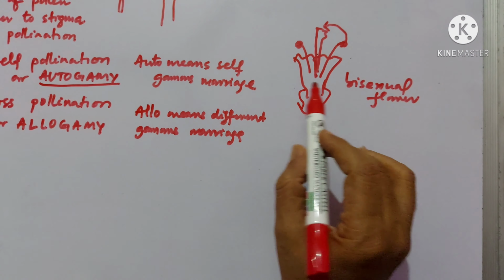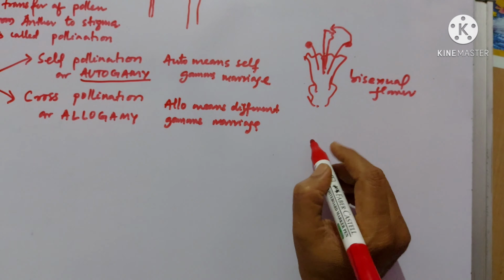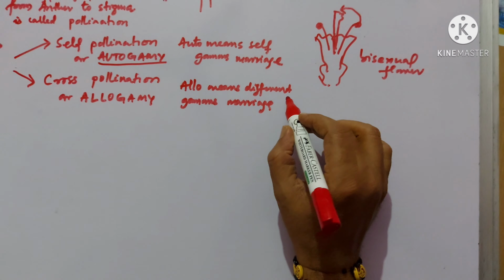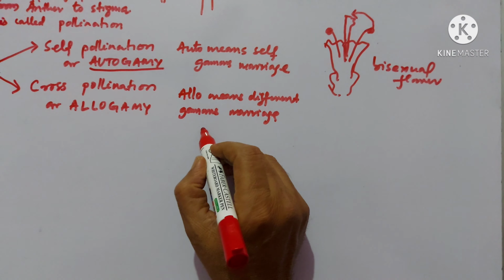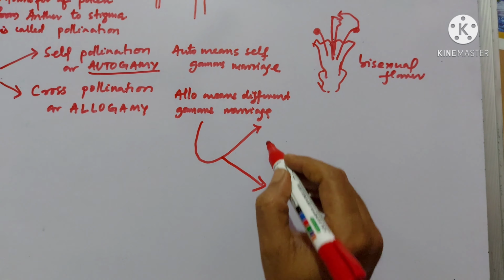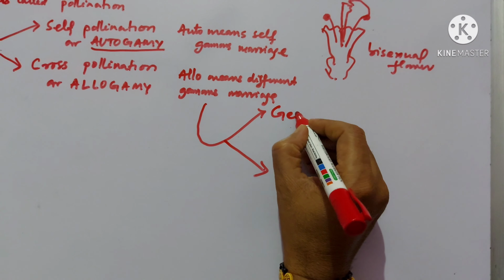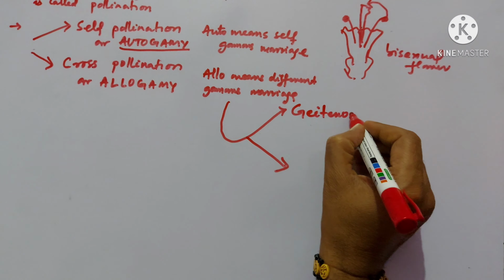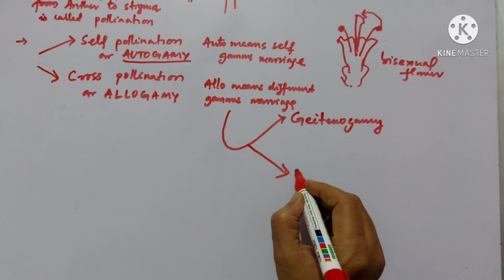So this is autogamy. And allogamy means pollination between two different plants or two different flowers of the same plant. That is divided into geitonogamy and xenogamy.